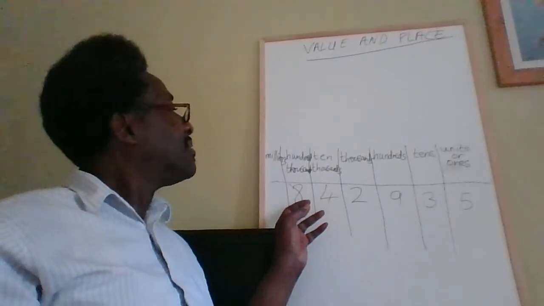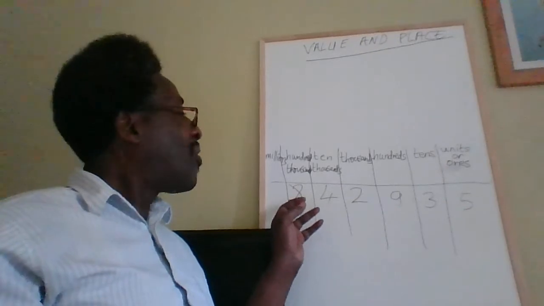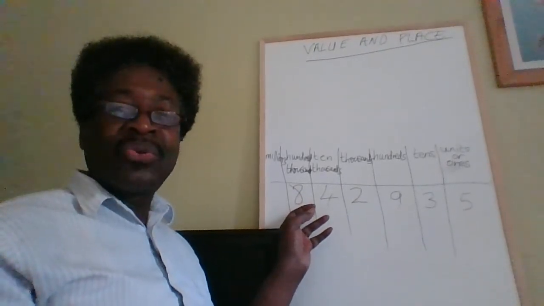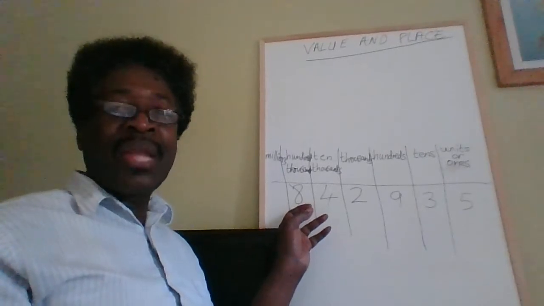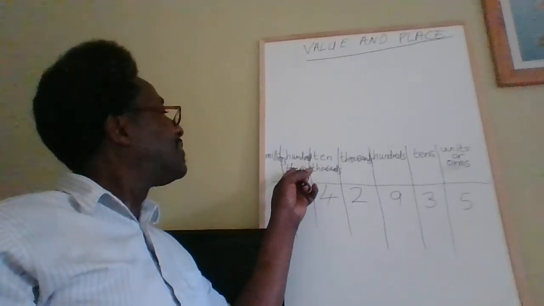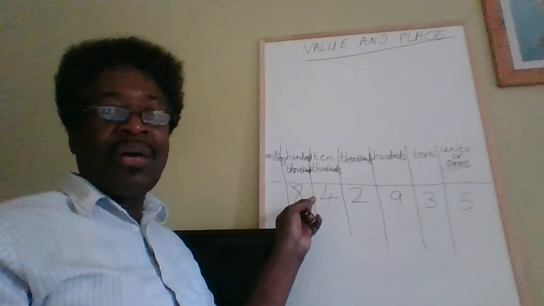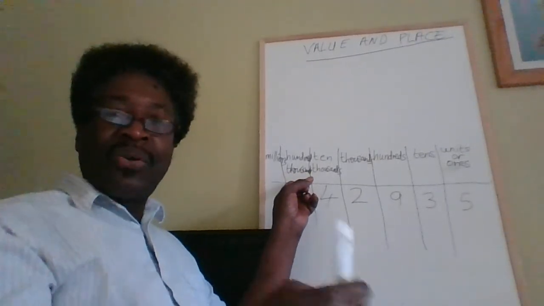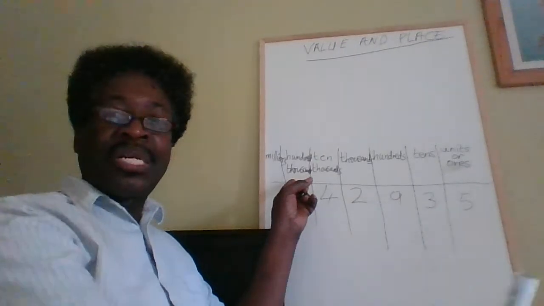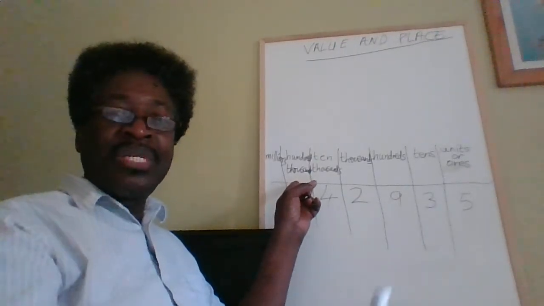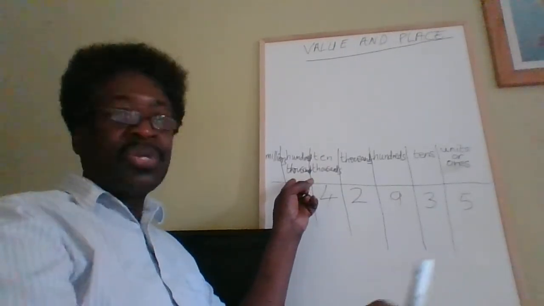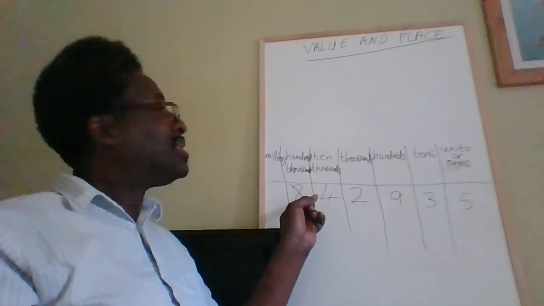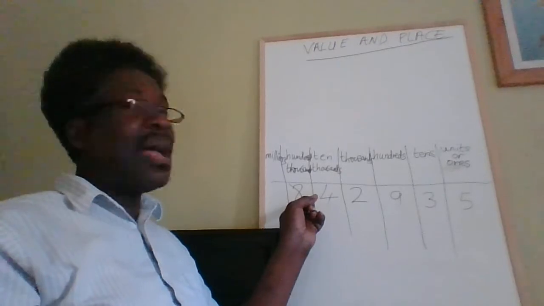This 8 represents 800,000 whatever, 800,000 cars, 800,000 apples, because it's under the place value of hundreds of thousands. So this is 8 hundreds of thousands, 8 times 100,000, 100,000 in 8 places, 8 lots of 100,000. So this 8 here represents 800,000.